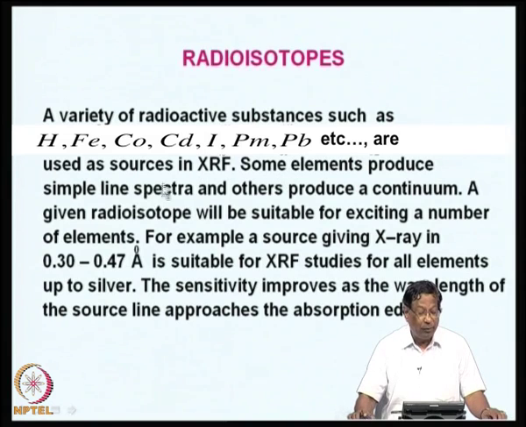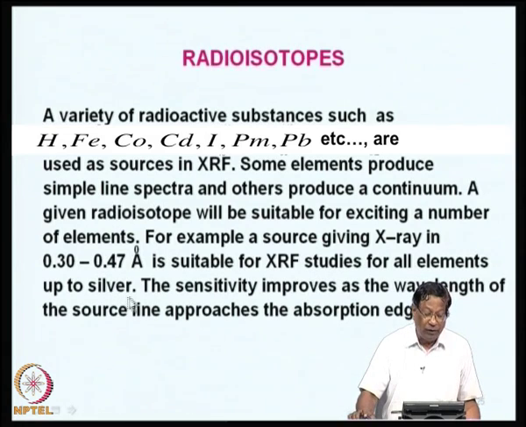Some elements produce simple line spectra, others produce a continuum. A given isotope will be suitable for exciting a number of elements. For example, a source giving X-rays in 0.3 to 0.47 angstroms is suitable for XRF studies for all elements up to silver.